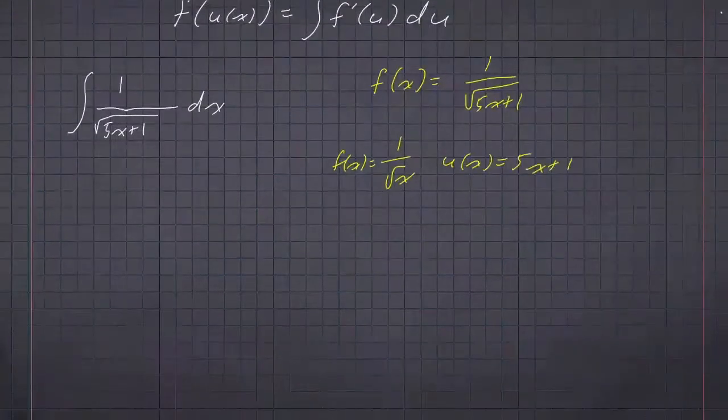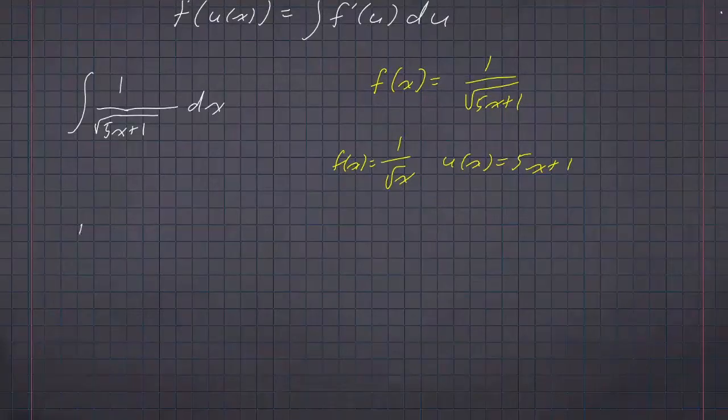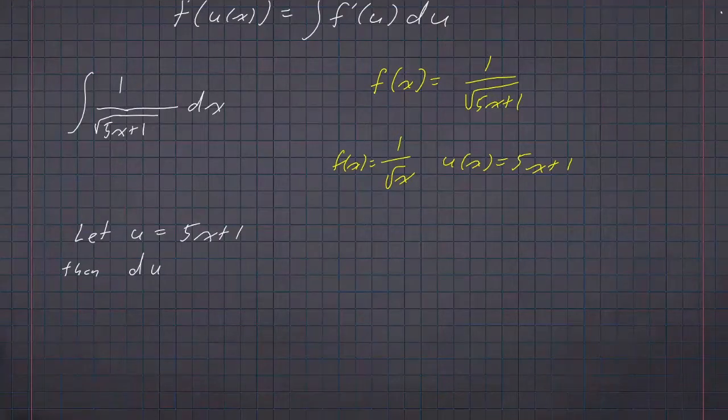The traditional way of setting this up is we let u equal 5x plus 1. And then differentiating implicitly, we get the differential du is equal to 5 times dx. And then the differential of 1 is 0.